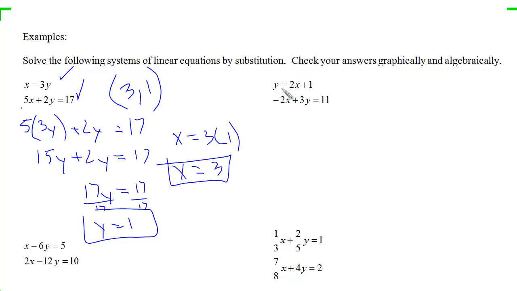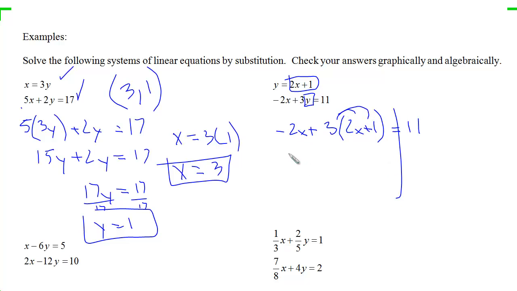This one again is already solved for y, so now I will replace y with 2x plus 1. Combine your like terms. Negative 2x is 6x, this is 4x.